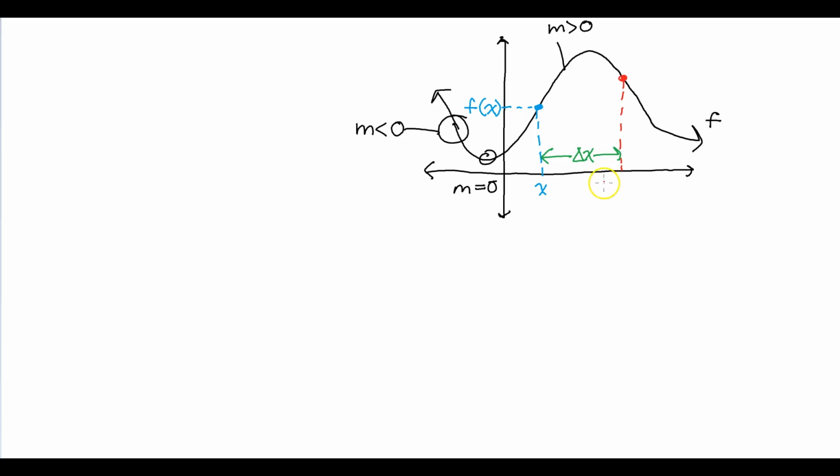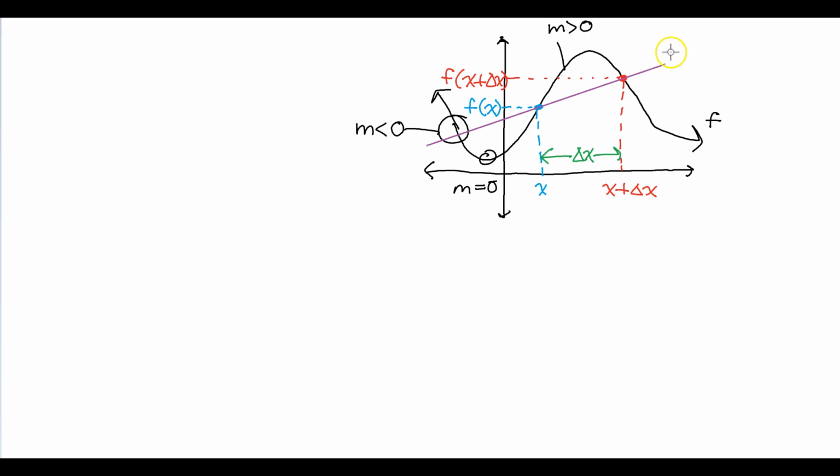So this will be x plus delta x, and the y-coordinate will be f of x plus delta x. Okay, since we have a function f. How would you find the slope of the purple line? How would you find the slope of this purple line?